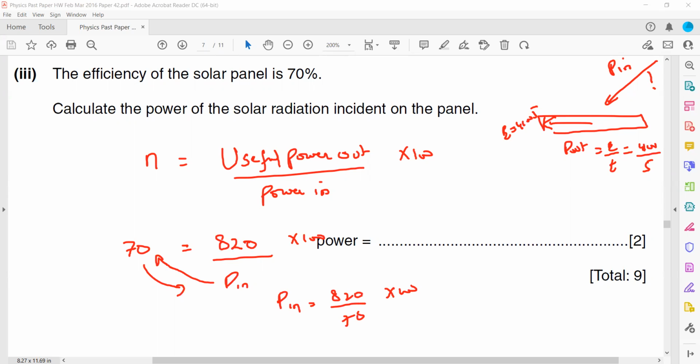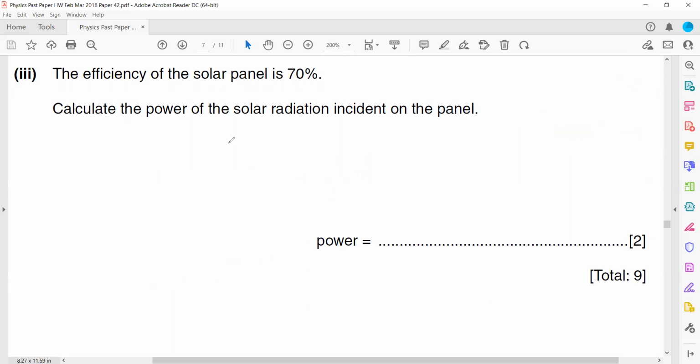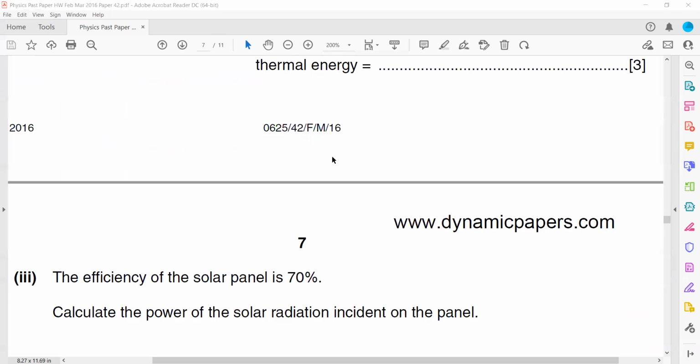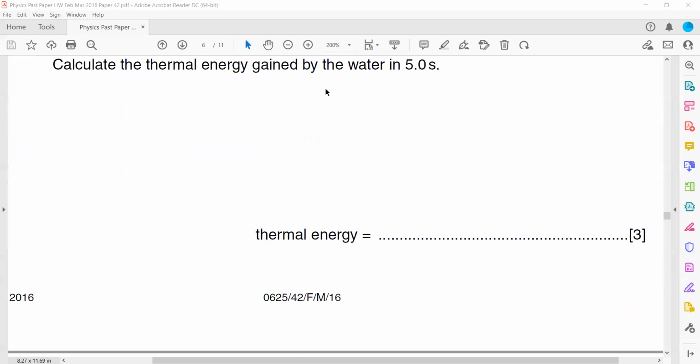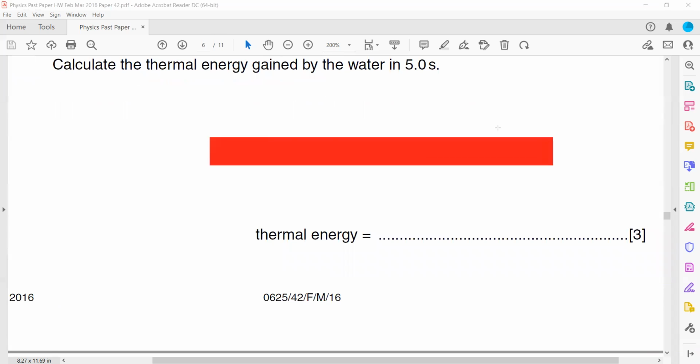Yes, Mina? Sir, I'm confused. From where do we bring 820? As you can see in the previous part, the thermal energy the water is absorbing, because there are copper pipes, power is coming from the sun, that is the input power, and the water becomes hot. How does the water become hot?